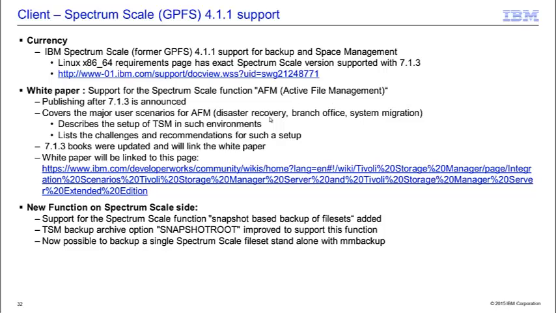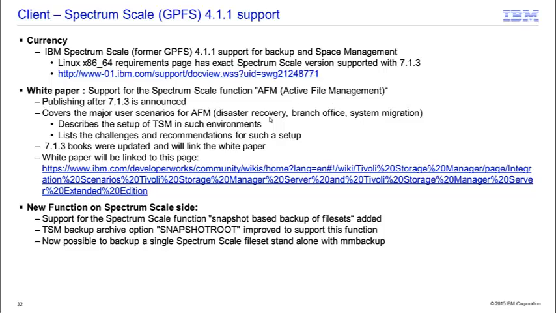If you're utilizing Spectrum Protect in conjunction with GPFS, which is also known as Spectrum Scale or Elastic Storage, Spectrum Protect can be utilized to protect that GPFS data. And we have updated Spectrum Protect to allow for the protection of Spectrum Scale 4.1.1.